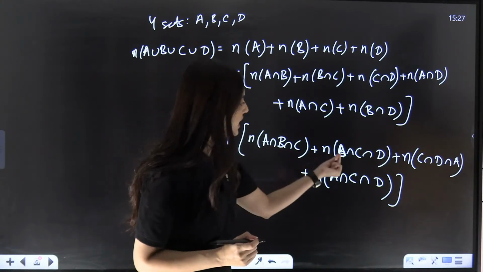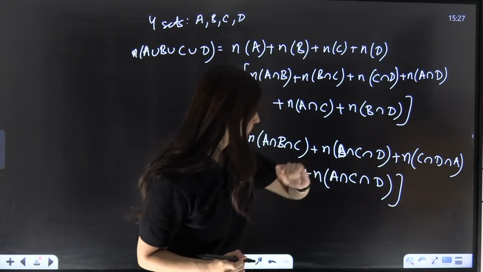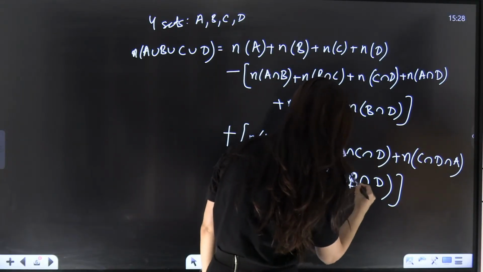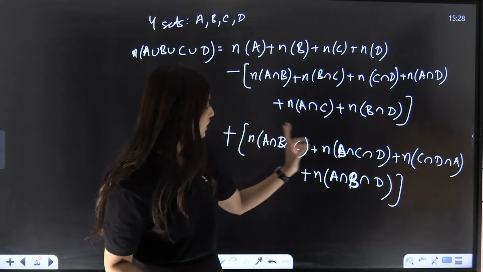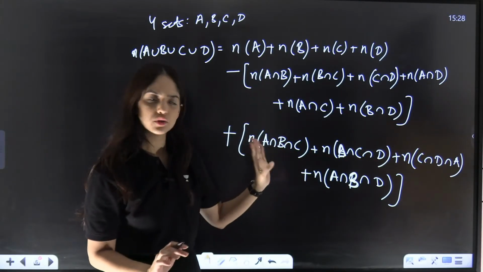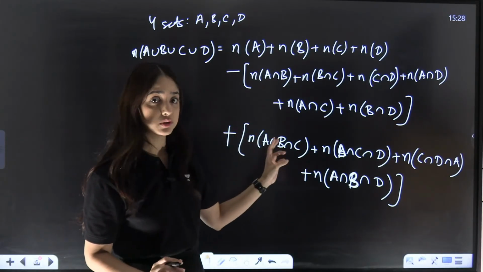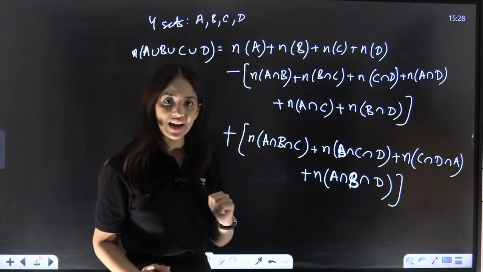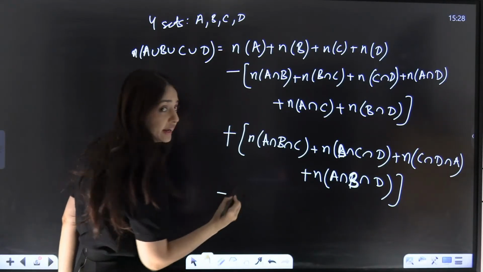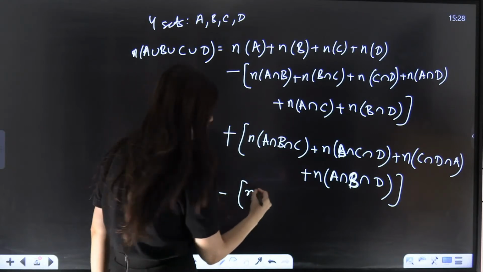So we either skip A or B or C or D. So we have 4. Now we added this. Now this was 3 at a time. Now we come to 4 at a time, and what was the order? Plus, minus, plus, next will be minus. 4 at a time, that means we're taking all 4.